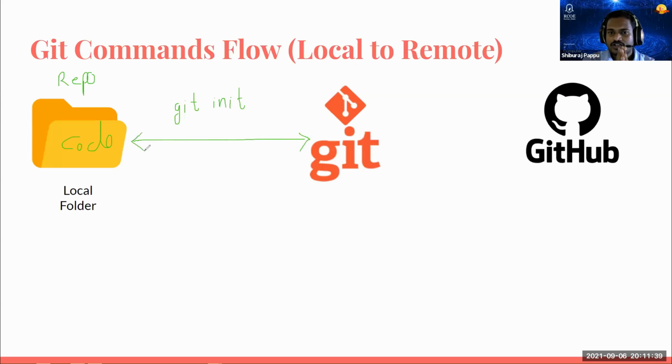Now Git knows that there is a folder that you want to track. So now Git and the local folder are connected, but still Git and GitHub are not connected. Now what you want is for Git and GitHub to be connected. For that, there is another command, that is git remote.